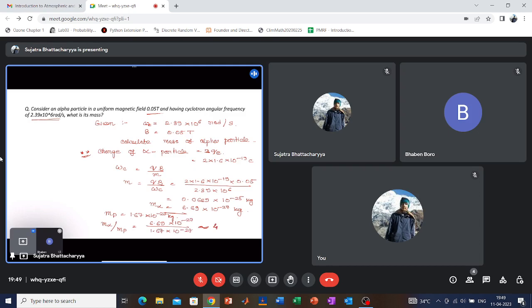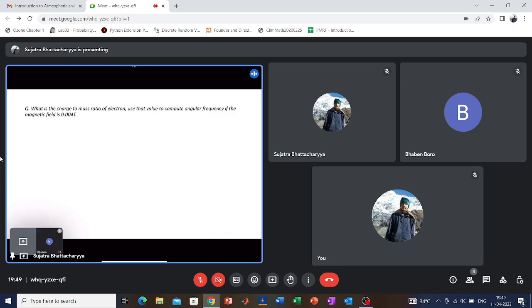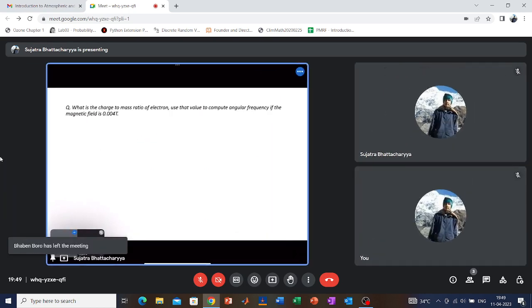Therefore, the mass number for alpha particle is 4 times protons, that is hydrogen, right?